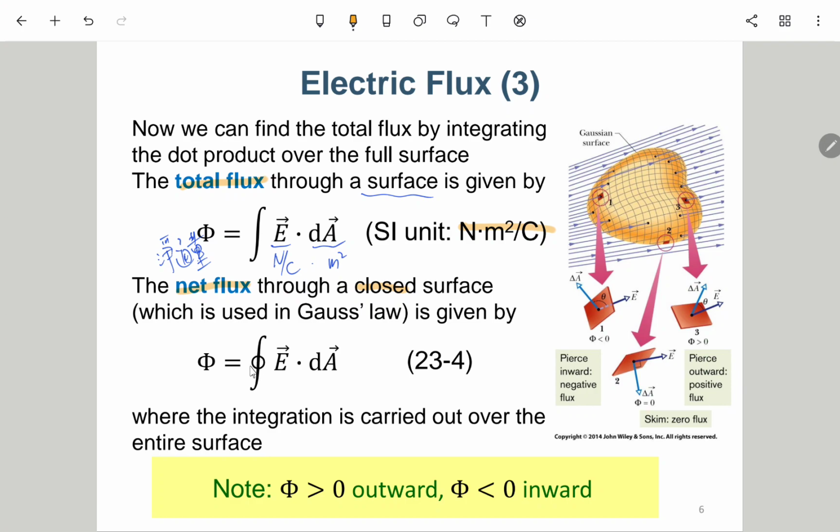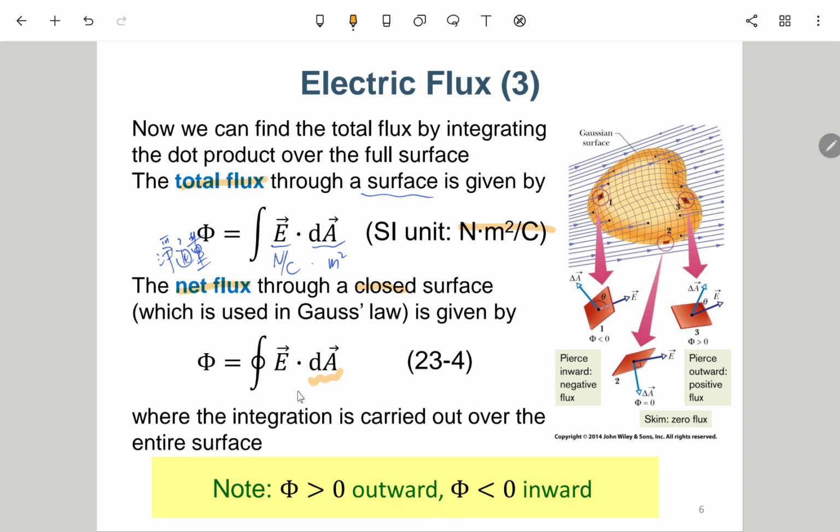This circle means you do an integration over a closed surface, because this is an area vector, which means that this integration is actually two-dimensional. It will be written like this. So you don't need to be afraid of this notation. It is just a notation. This circle only means you do the integration over a closed surface here.